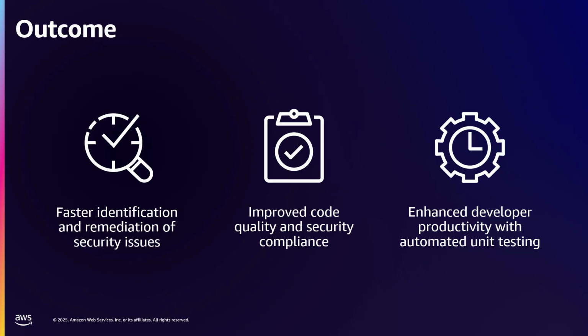This tight integration saves time for developers and also improves the quality of your code and the security compliance, enhancing developers' productivity, because they don't have to make testing or security review an afterthought. They can tightly integrate that within their software development lifecycle.